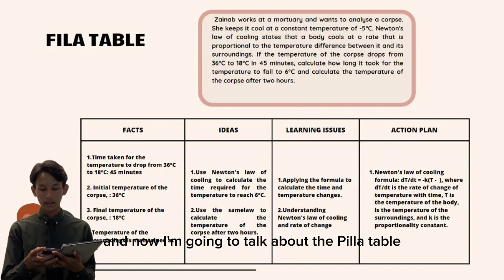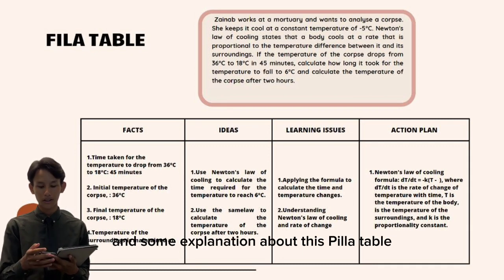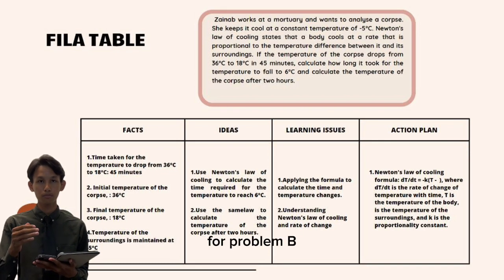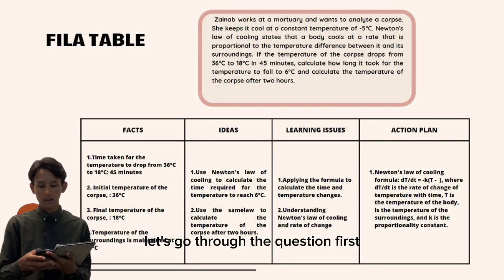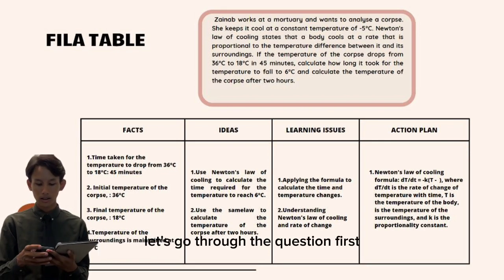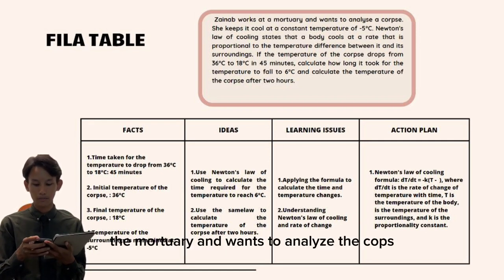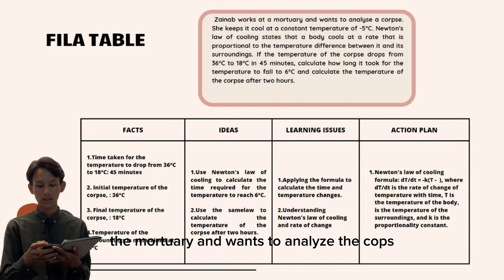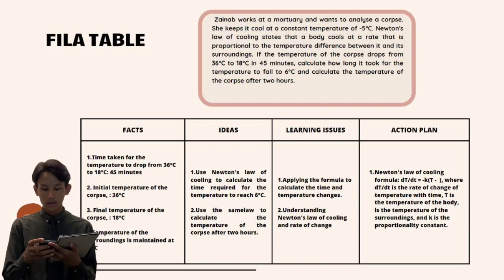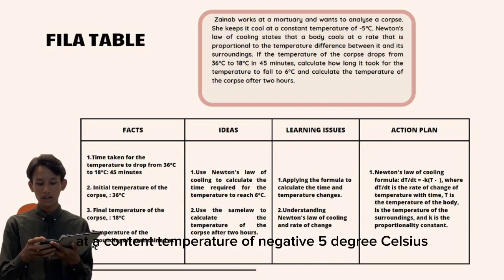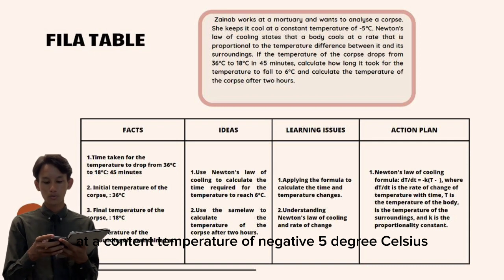And now, I'm going to talk about the table and give some explanation for problem B. Let's go through the question first. Zainab works at the mortuary and wants to analyze a corpse. He keeps it cool at a constant temperature of -5 degrees Celsius.